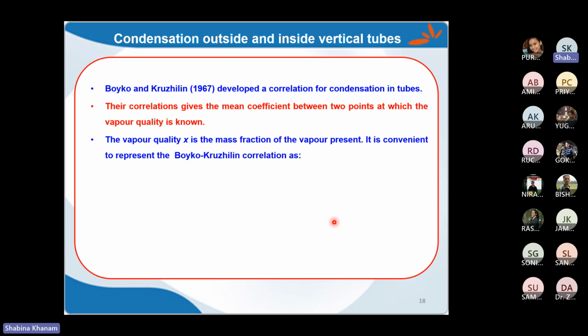Now, if we consider the vapor quality at 2 points using the Boyko-Kruzhilin correlation, you can have this expression: h_C,BK, that is condensation by the Boyko-Kruzhilin correlation, equal to h_I prime times half times the sum of root J1 and root J2.